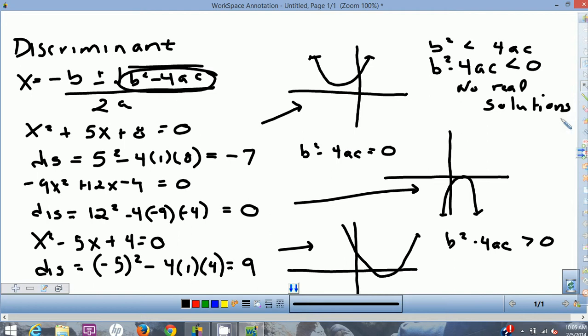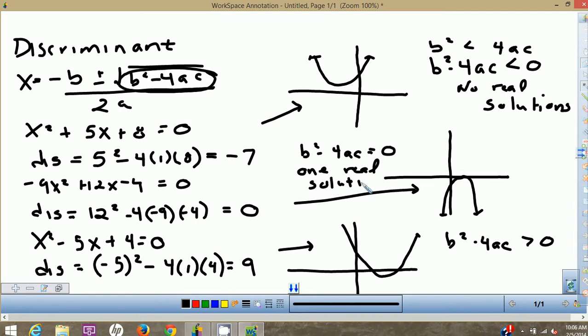It's never going to cross the x-axis if the discriminant is a negative number. And here, when b squared minus 4ac was equal to 0, look what happens. It touches the x-axis, but only one time. There is one real solution if the discriminant is equal to 0.